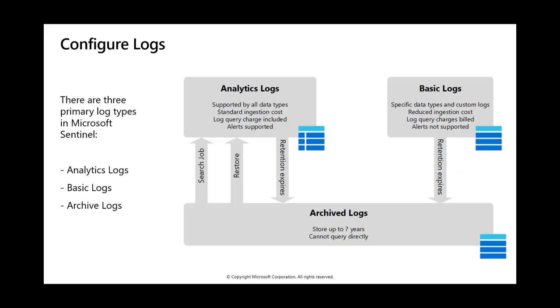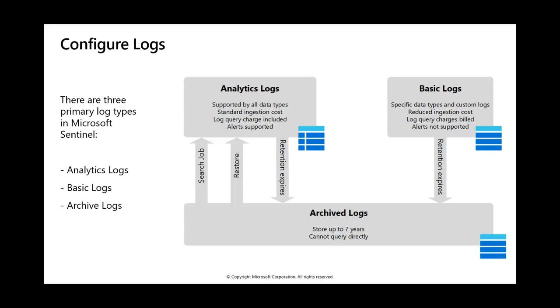There are three primary log types in Sentinel. We can find an analytics log, a basic log, and an archive log. Data in each table in a Log Analytics workspace is retained for a specified period of time, after which it is either removed or archived with a reduced retention fee.